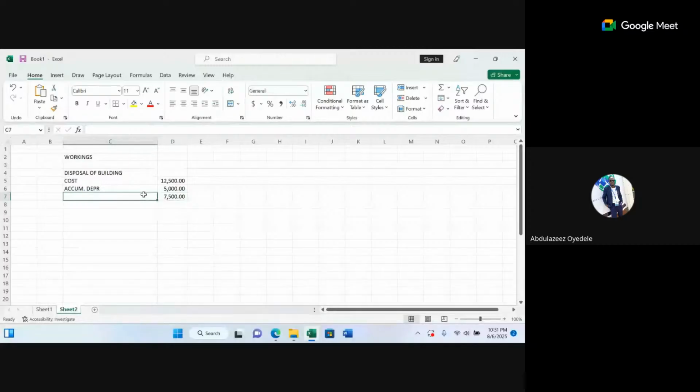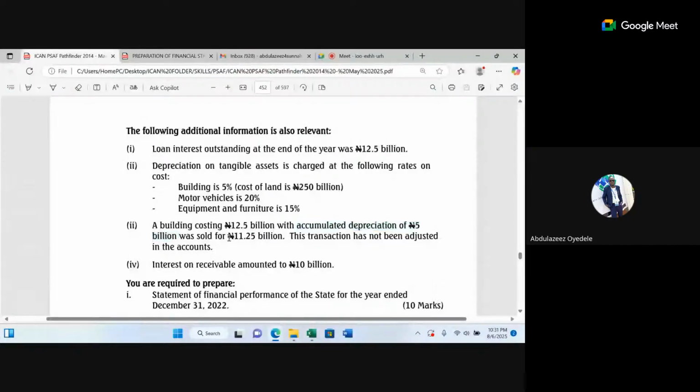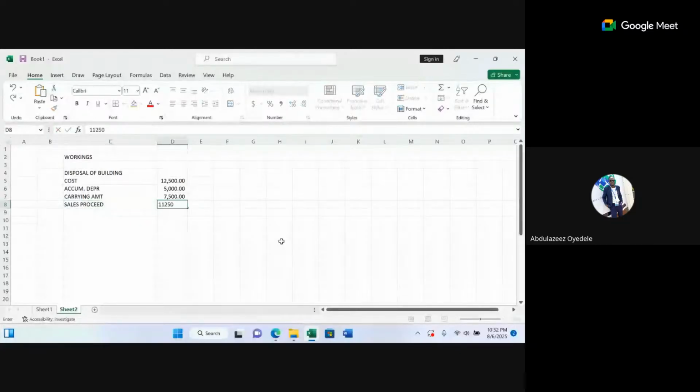And then we are told that the asset was sold for 11.25 billion. So the sales proceeds are 11,250 million naira.